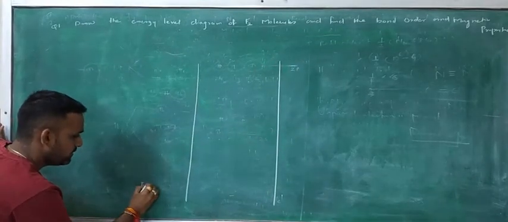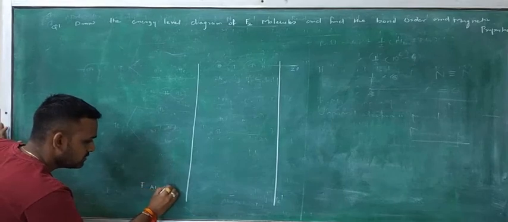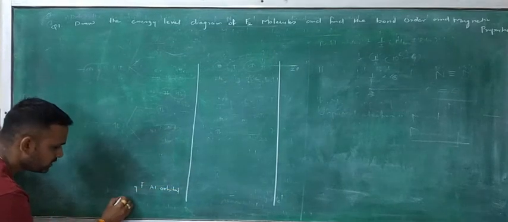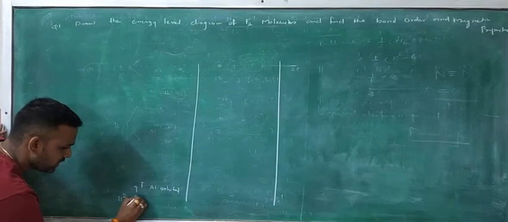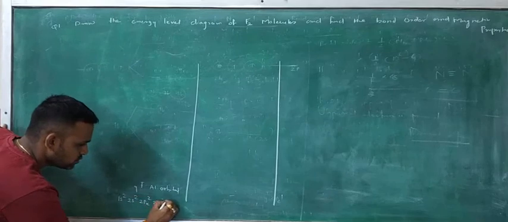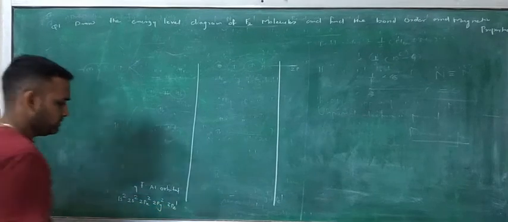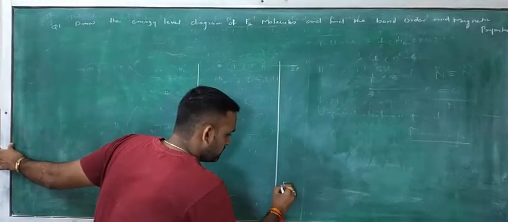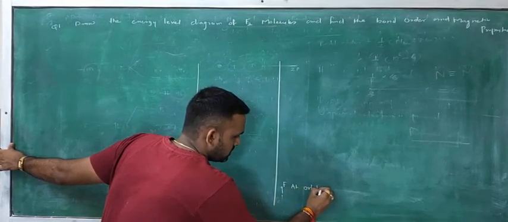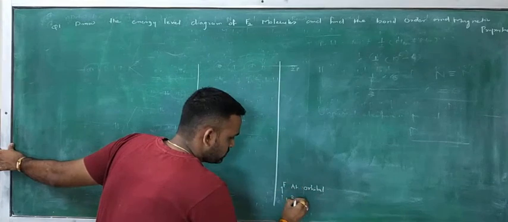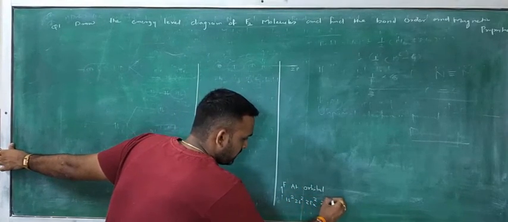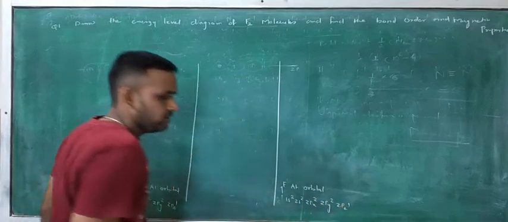Here is the F atomic orbital, atomic number 9, so the electronic configuration is 1s2, 2s2, 2px2, 2py2 and 2pz1. In the same way here, F atomic orbital, that is 1s2, 2s2, 2px2, 2py2 and 2pz1, right?